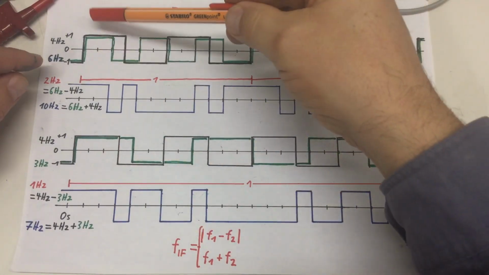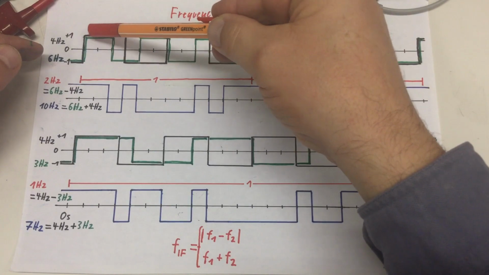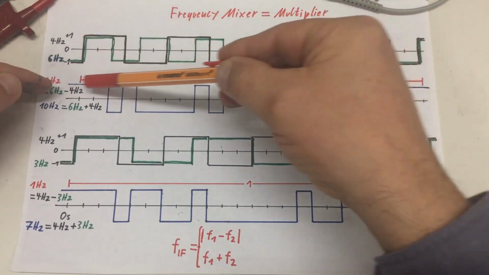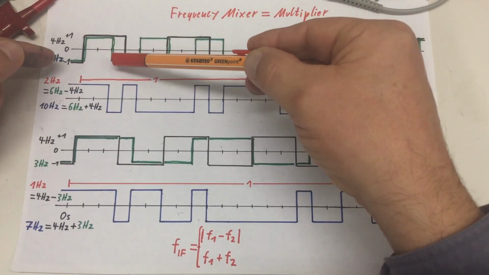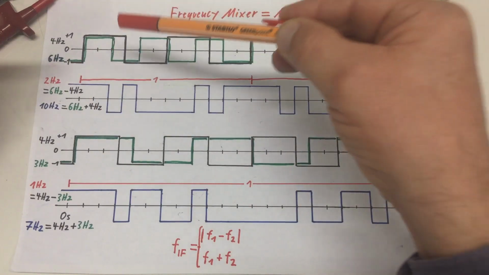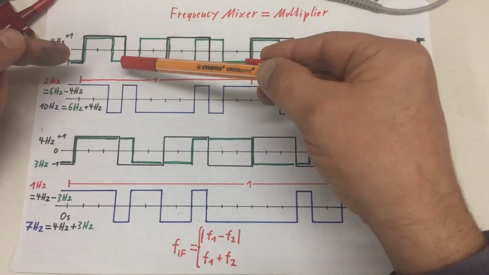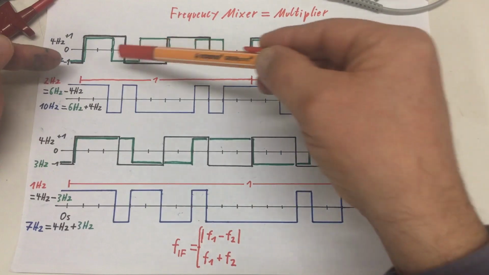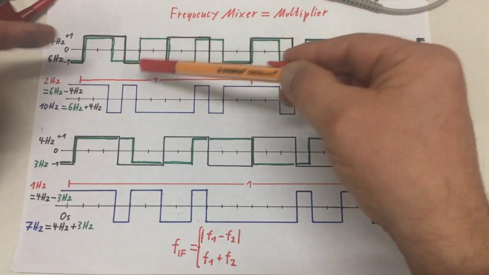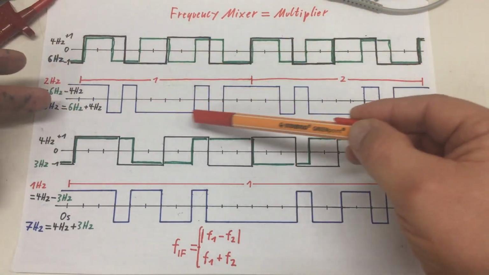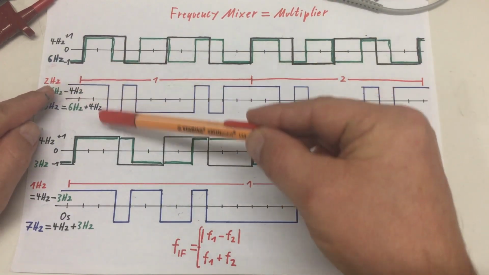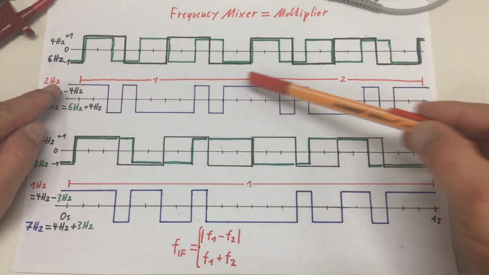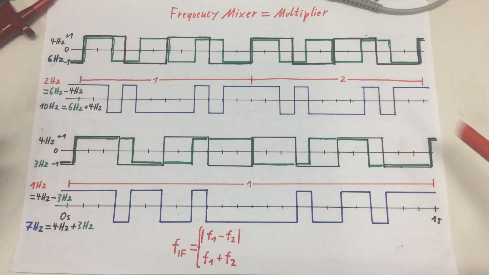So if we multiply both these signals, 1 times 1 is 1, 1 times -1 is -1, -1 times -1 is 1, and 1 times -1 is the same, -1. And we come to that curve here if we multiply both.